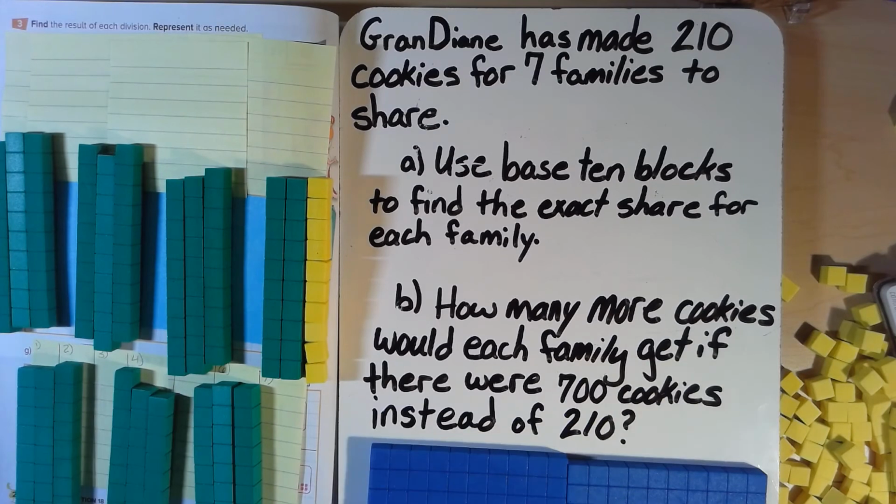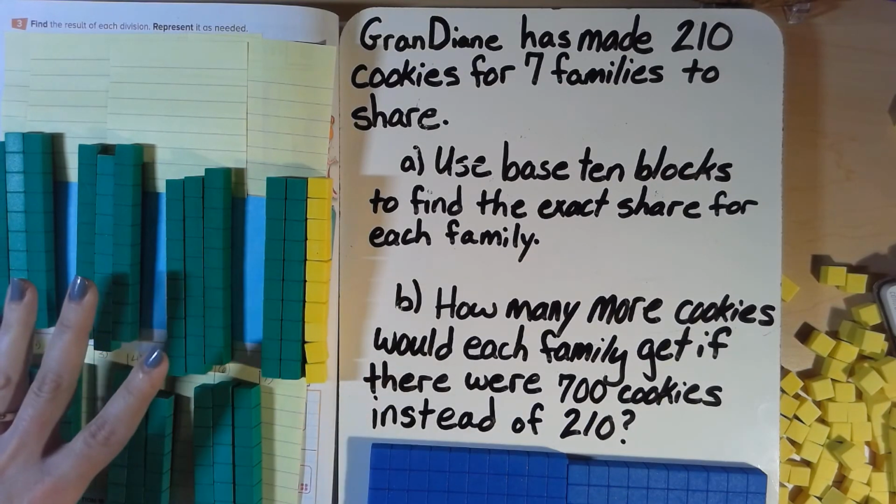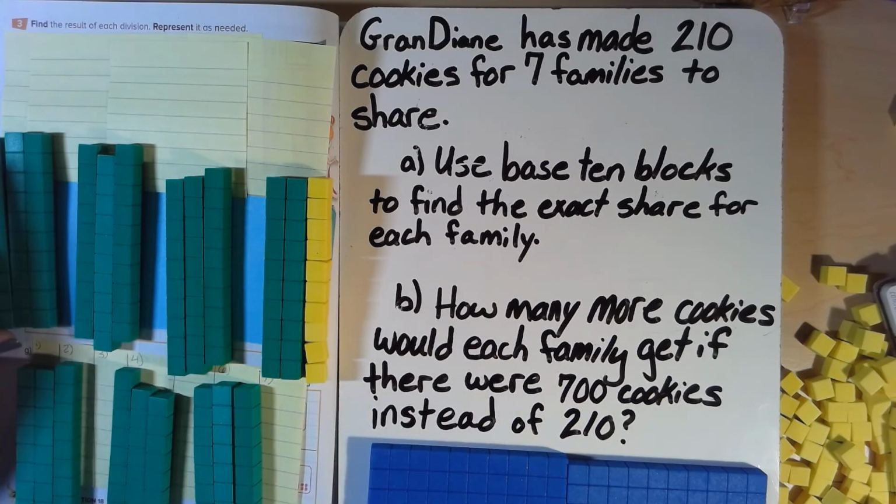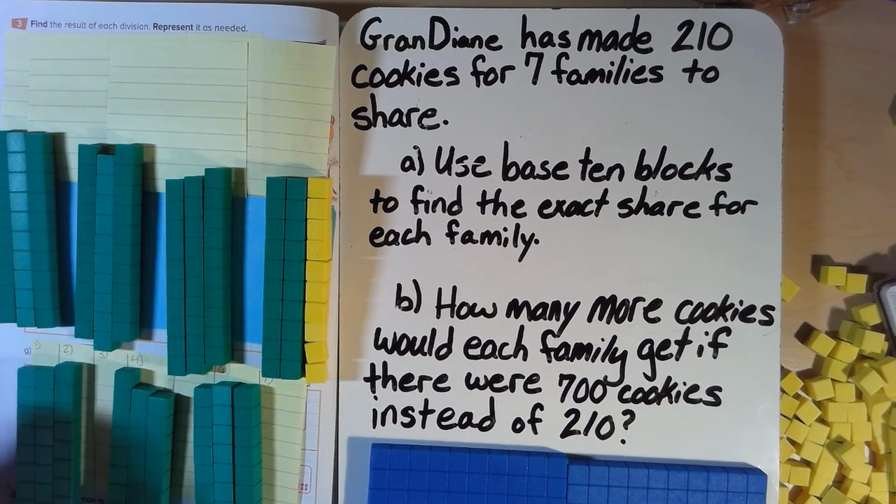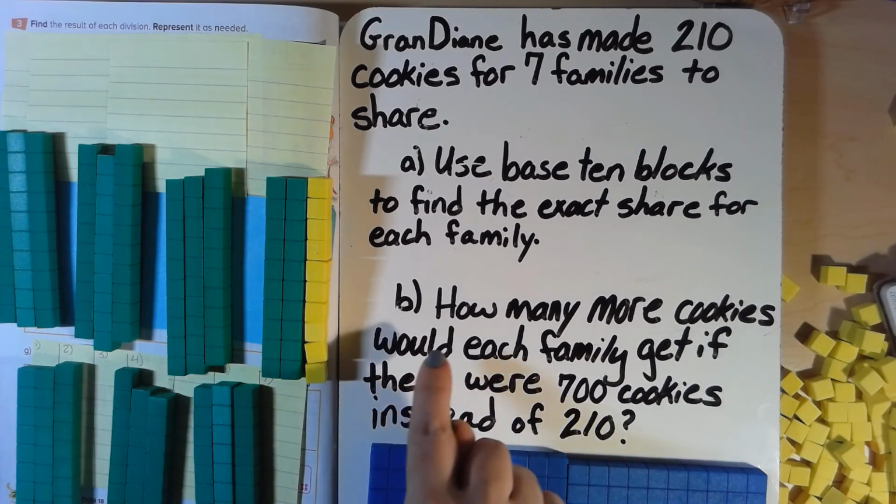Grandma Diane has made 210 cookies for 7 families to share. Using our base 10 blocks, we know that each family is going to get 30 cookies. Now here's the tricky one. Let's see if you can get this.